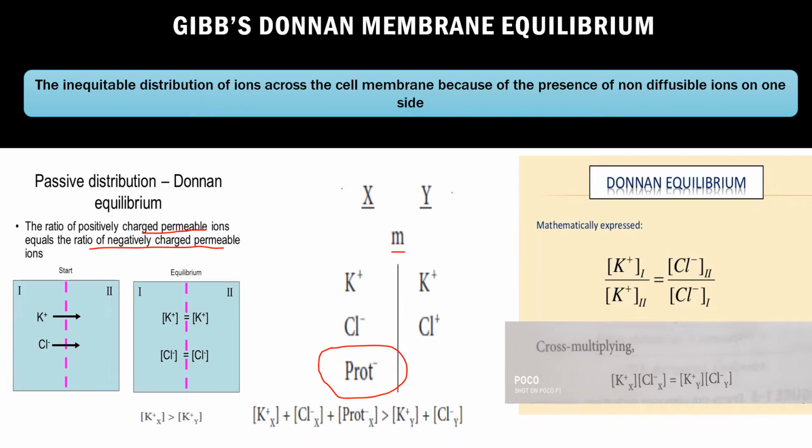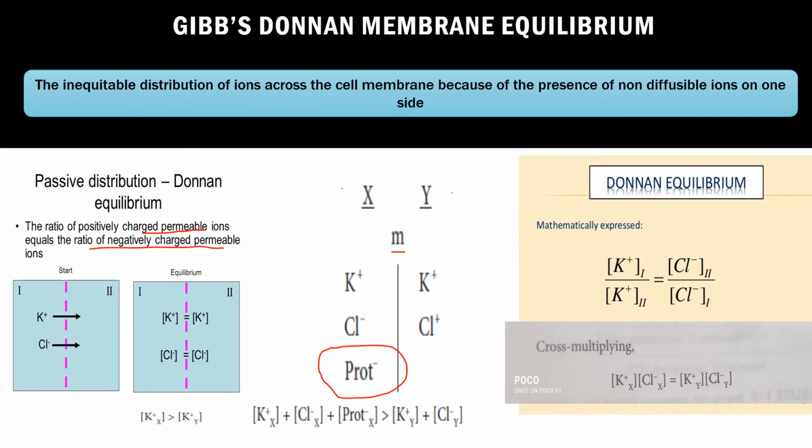Donnan and Gibbs showed that in the presence of a non-diffusible ion, in this case the protein, the diffusible ions distribute themselves so that at equilibrium their concentration ratios are equal. The ratio of positively charged permeable ions will be equal to the ratio of the negatively charged permeable ions. So the ratio of potassium ions on the X and Y sides will be equal to the ratio of chloride ions on the X and Y sides.